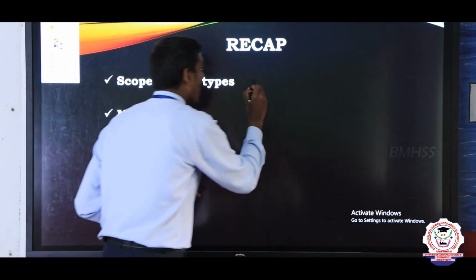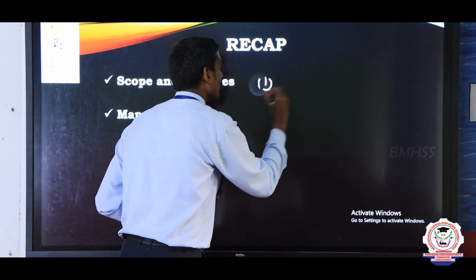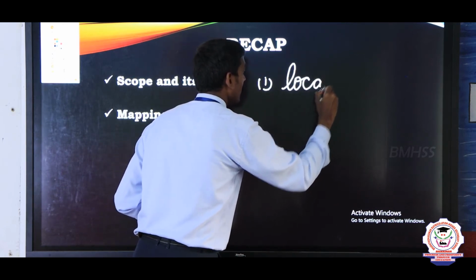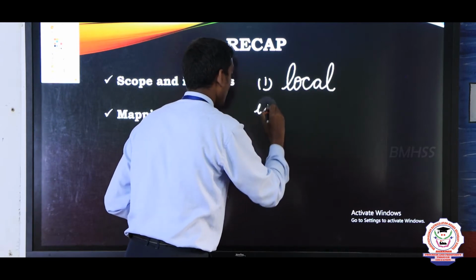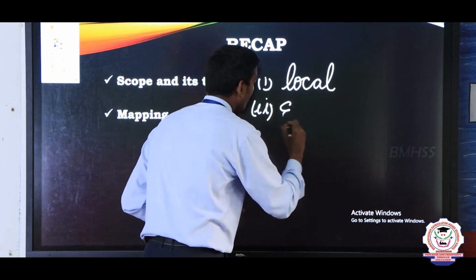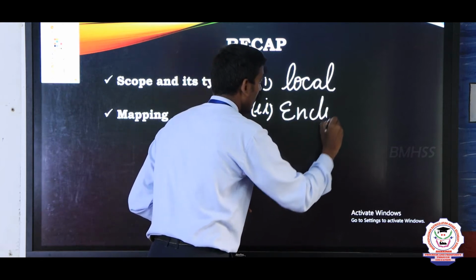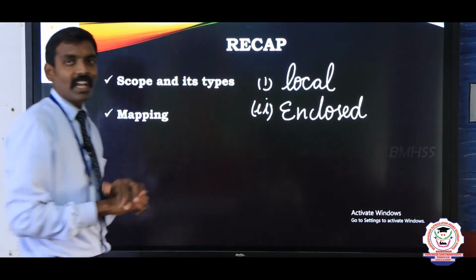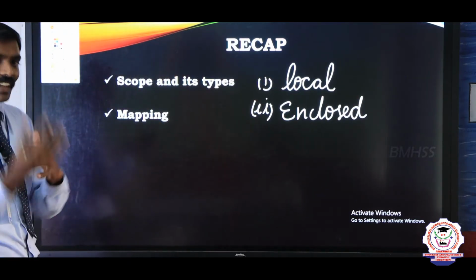The first one is local scope and the second one is enclosed scope. These are the two types of scopes we have discussed already.